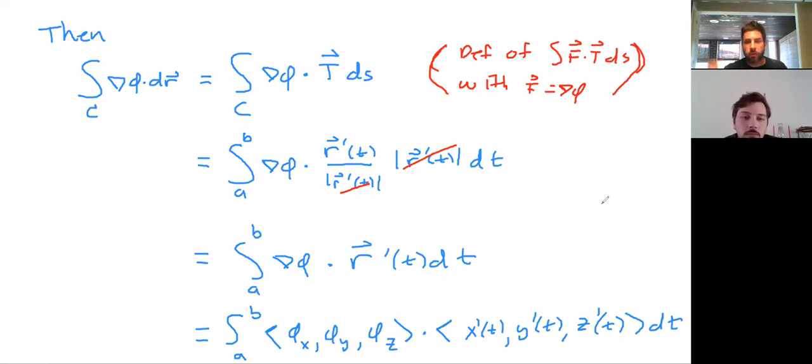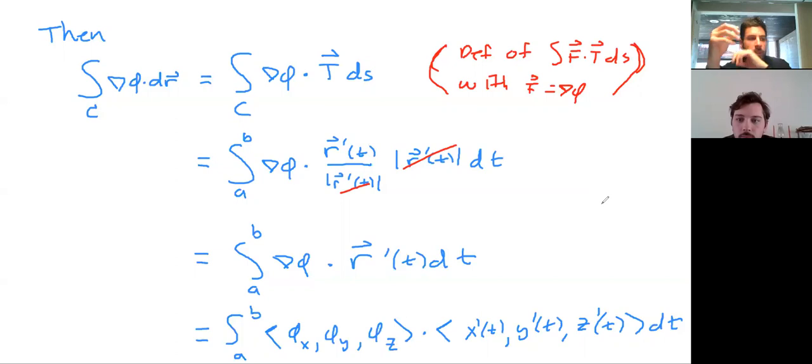So all I'm doing now is writing out what each of these derivatives actually looks like. One of the things that's difficult when you're first learning this is, when I write this dot, is it a dot product? Is it traditional multiplication? Is it a scalar? Is it a vector?